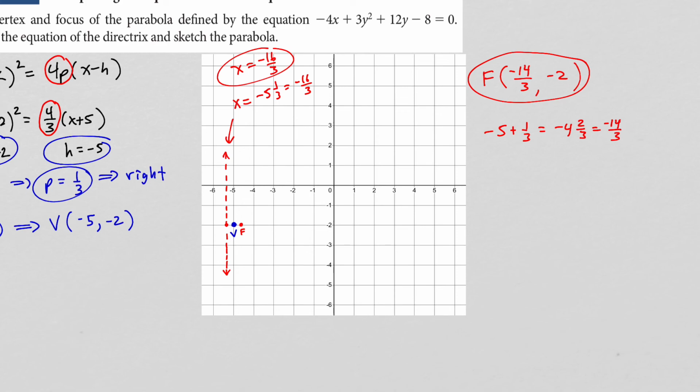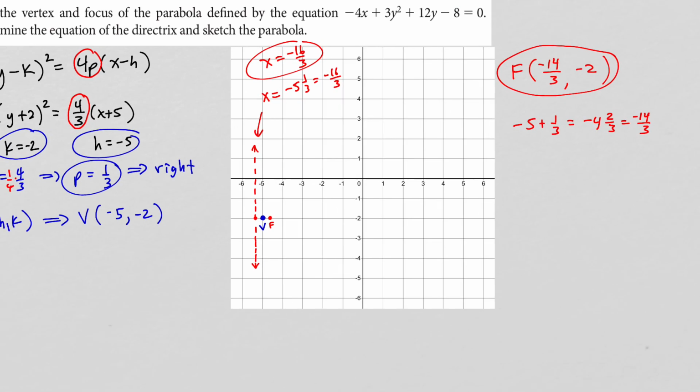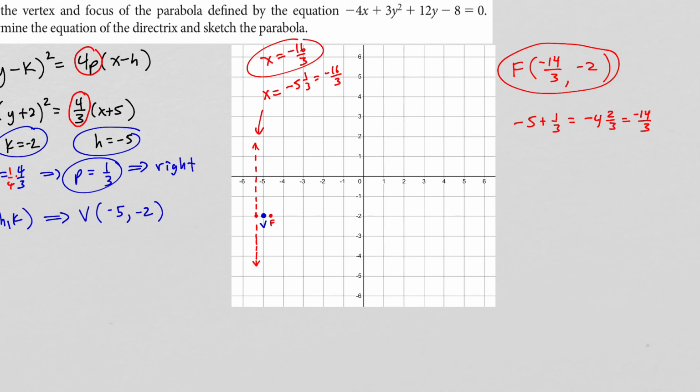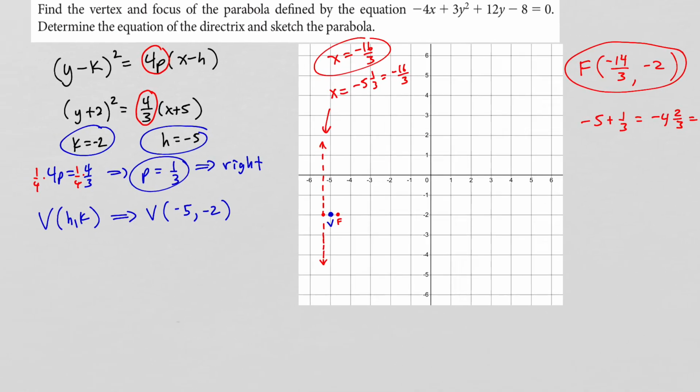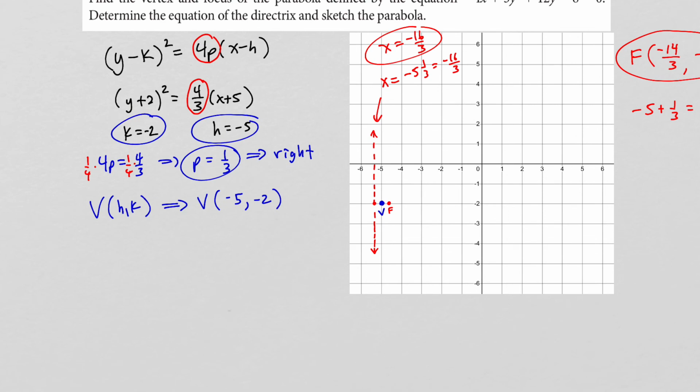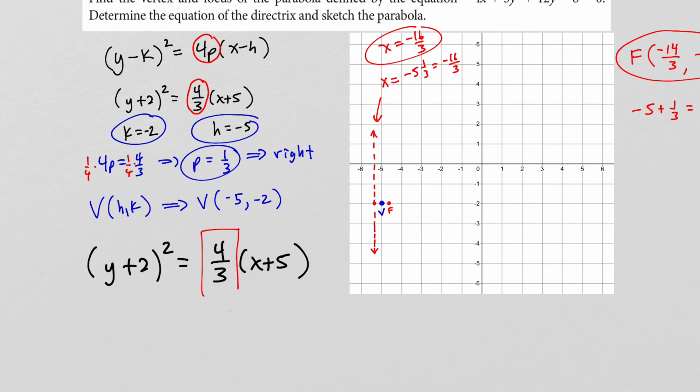And now we just need to graph the parabola, and for that, we just need to get a couple of additional points. Now, an easy way to do that, if you remember from the last example, is I told you there's a trick for that. And the trick is, when you have the equation of your parabola, this number right here tells you the distance across the parabola through the focus to get from one side to the other.